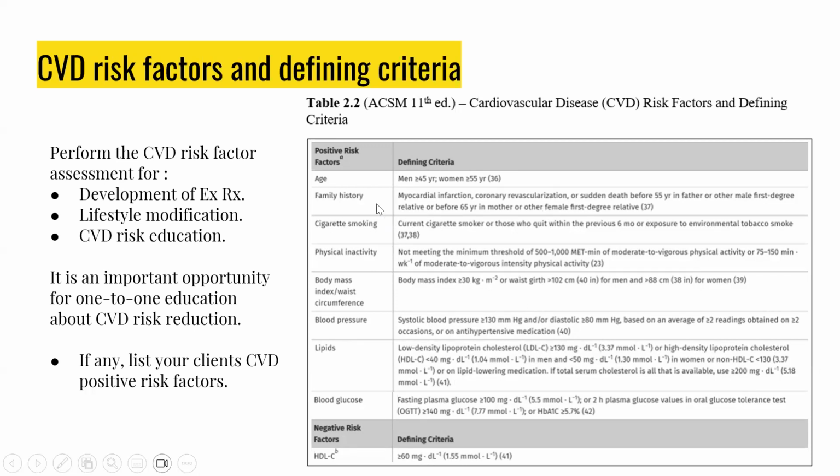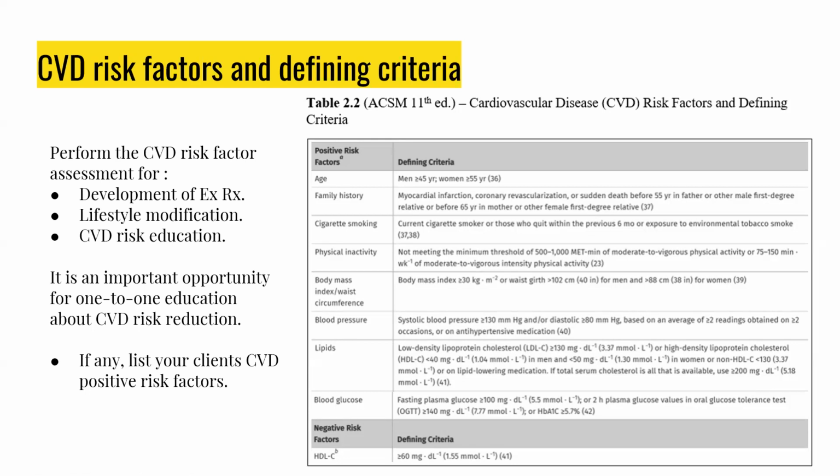So if they have past family history of myocardial infarction, right, if they're cigarette smokers, if they don't meet the minimum threshold of physical activity, if they have a body mass index greater than 30, right, if they have high blood pressure, their lipids and blood glucose, all these, if they present them, they're at a higher risk for CVD, right?